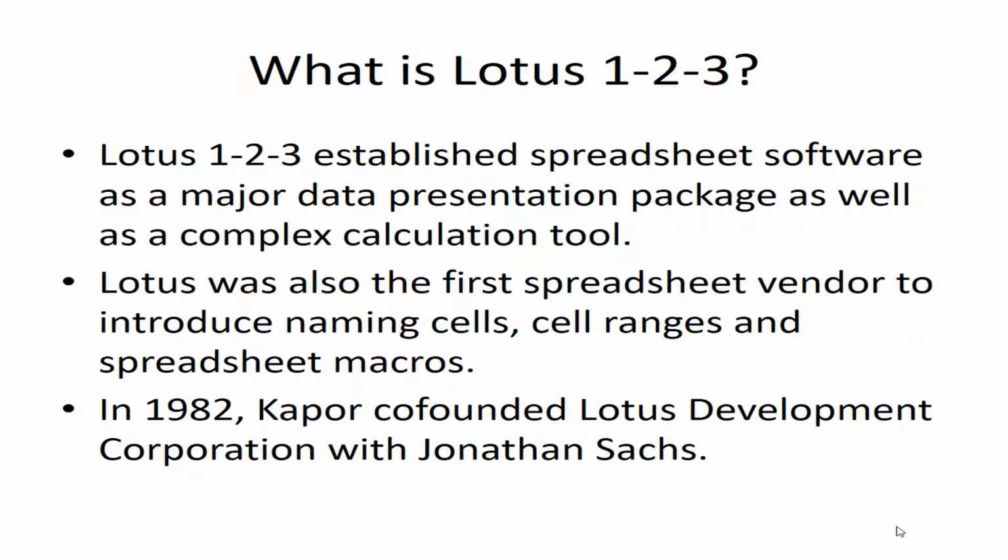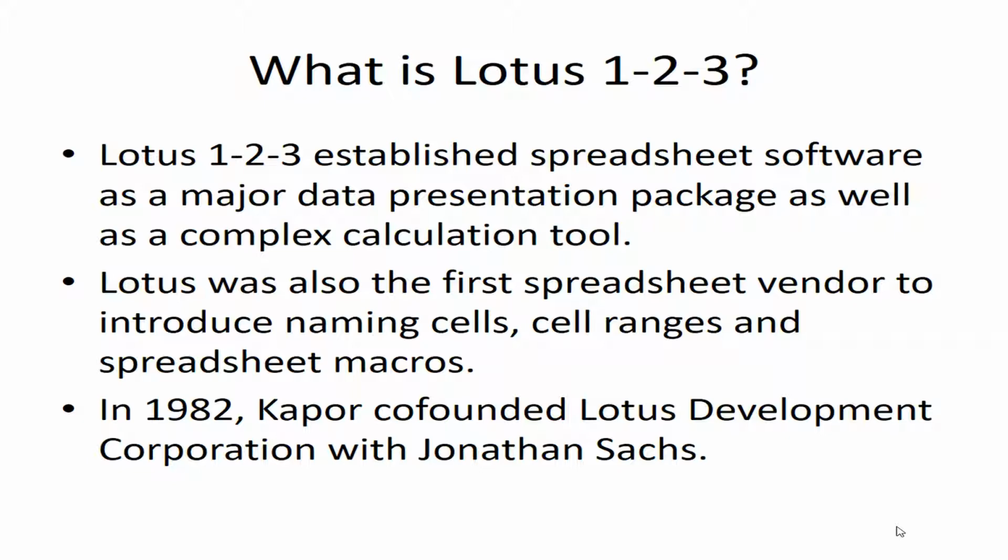But what is Lotus 123? It's an established spreadsheet software, a major data presentation package as well as a complex calculation tool. Lotus was also the first spreadsheet vendor to introduce named cells used for programming, cell ranges, which facilitate a lot of things, and spreadsheet macros, which can be very convenient if you use them like myself.